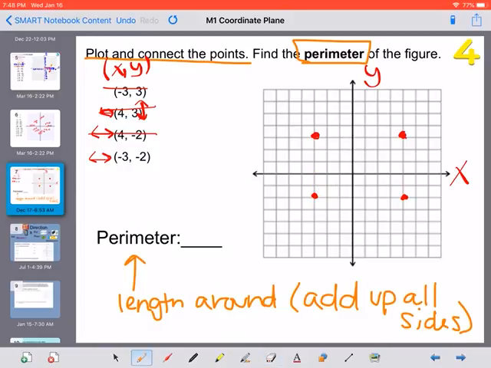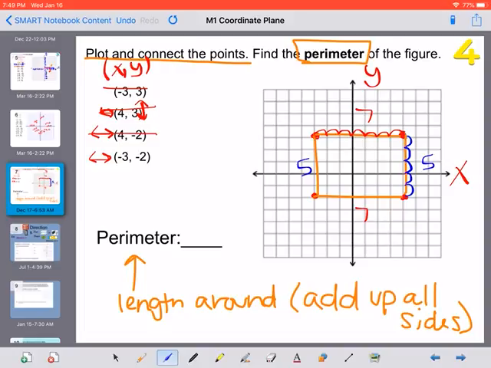So we plotted the points. Now we're going to connect them. And we are going to find the perimeter. Perimeter, we have to add up all of our sides. So from one side to the other, we went a distance of 1, 2, 3, 4, 5, 6, 7. So I'm going to label that 7. The bottom should be the same. They're the same length. And then on the other sides, the left and the right side, we have a distance of 1, 2, 3, 4, 5.